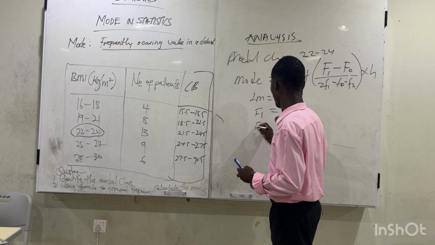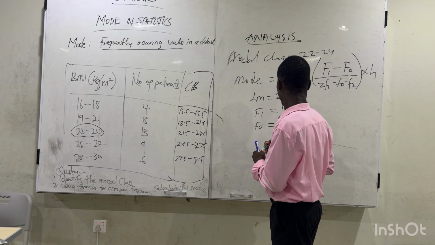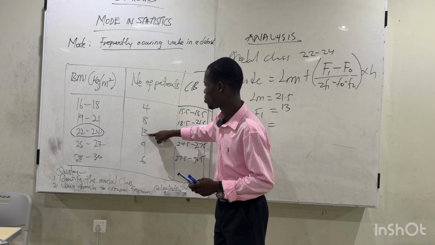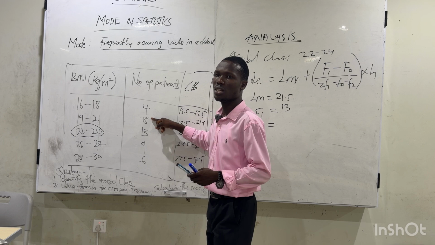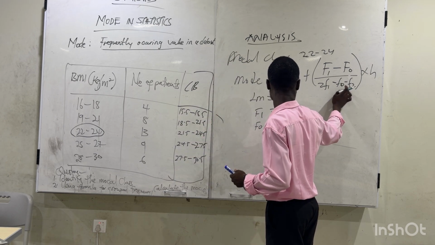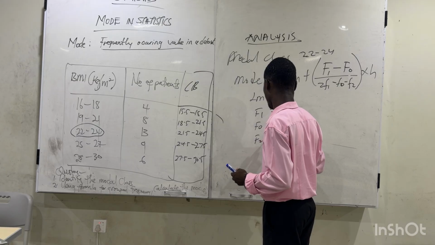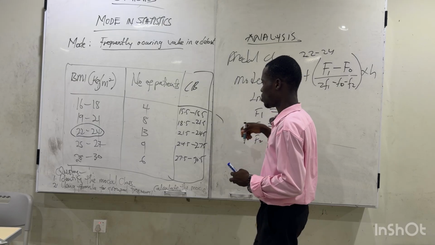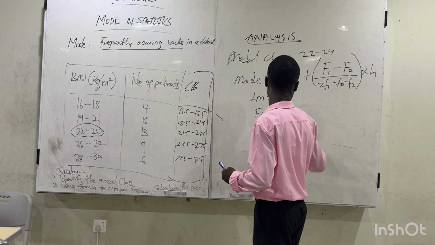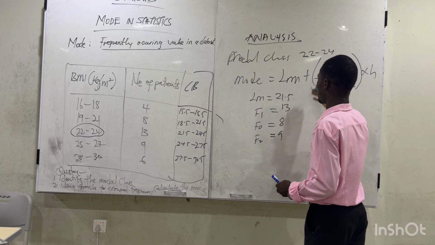Then F0 is the frequency before the modal class, which is 8. And F2 is the frequency after the modal class, which is 9. So now we can put everything in the formula.